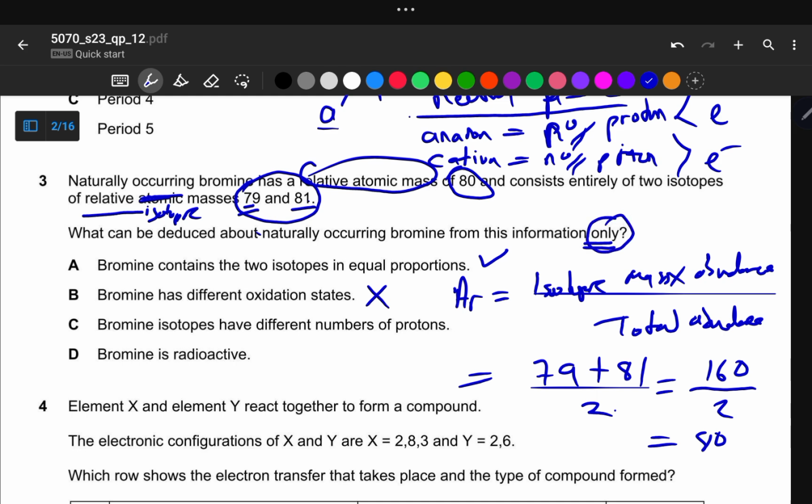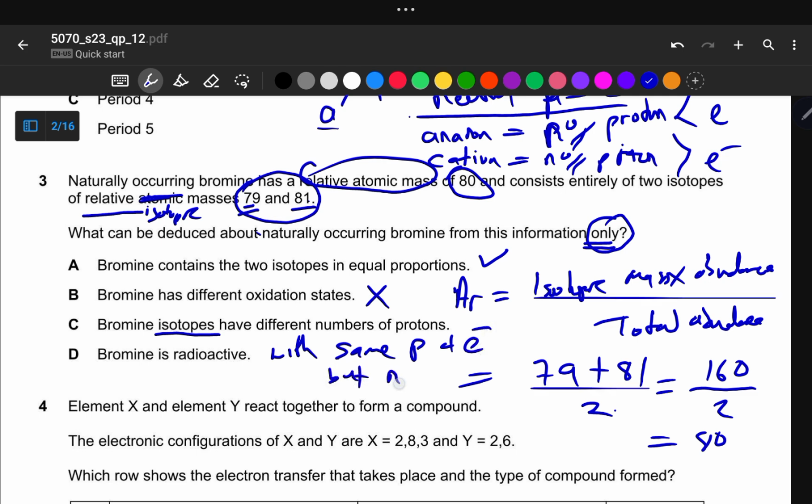And then bromine isotopes have a different number of protons. So isotopes are defined as atoms of the same element with the same number of protons and the same number of electrons, but different number of neutrons.